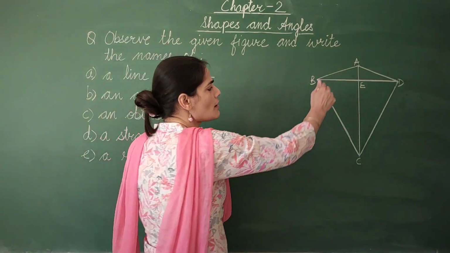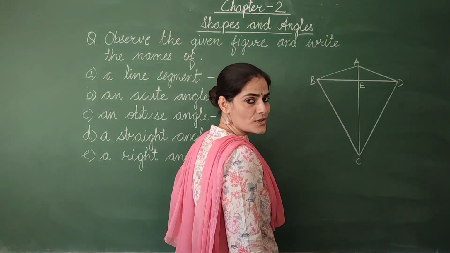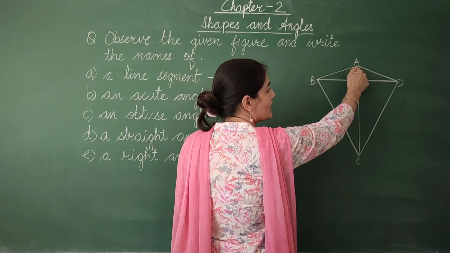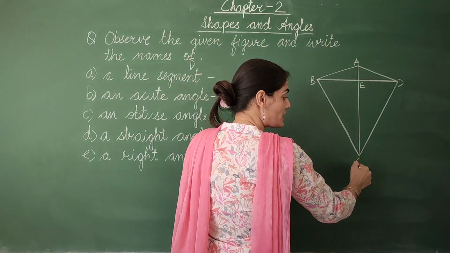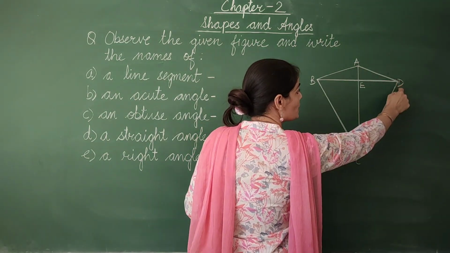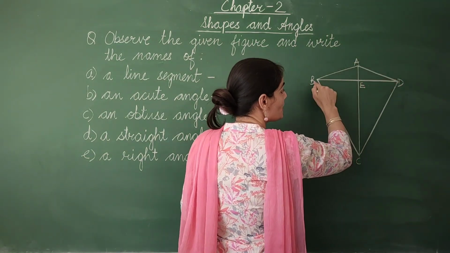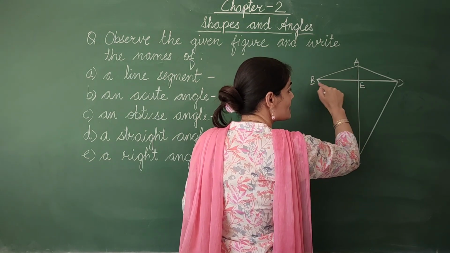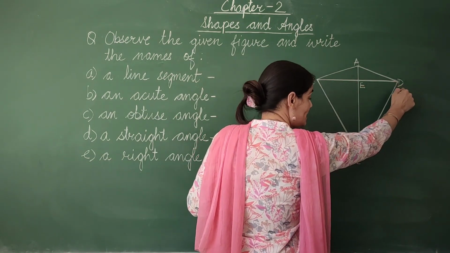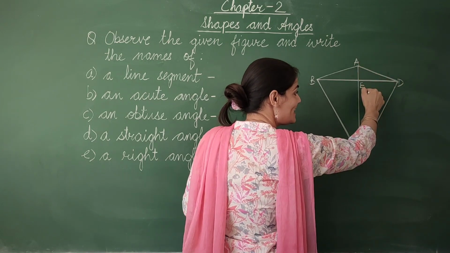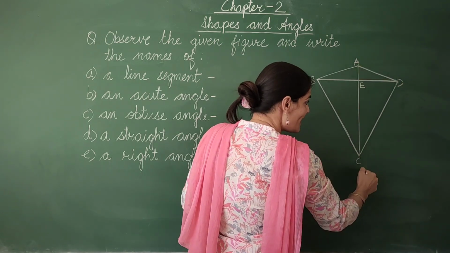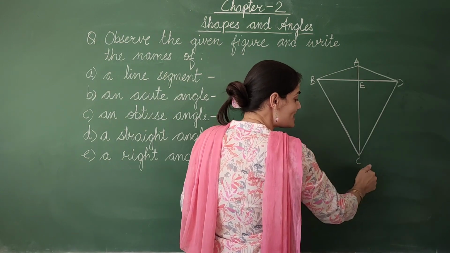So, there are several line segments if you observe, like line segment AB, line segment BC, line segment CD, line segment DA, line segment BE, line segment BD, line segment ED, line segment AE, line segment AC, line segment EC.